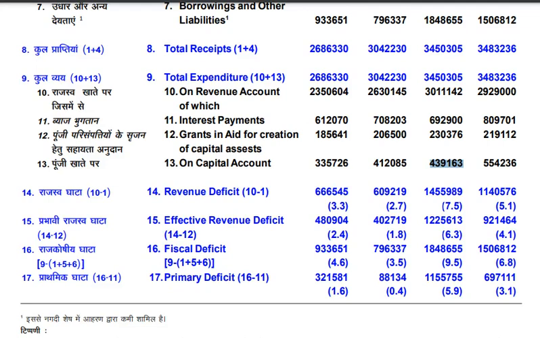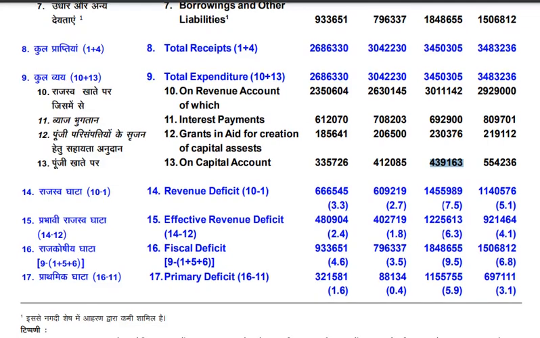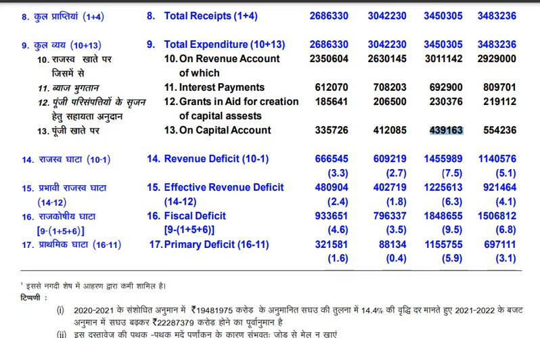So indirectly there is an efficient use of the borrowed money for asset creation. That is a healthy sign, and you can also see that the capital expenditure is going to increase to 5.5 lakh crores for the next financial year.